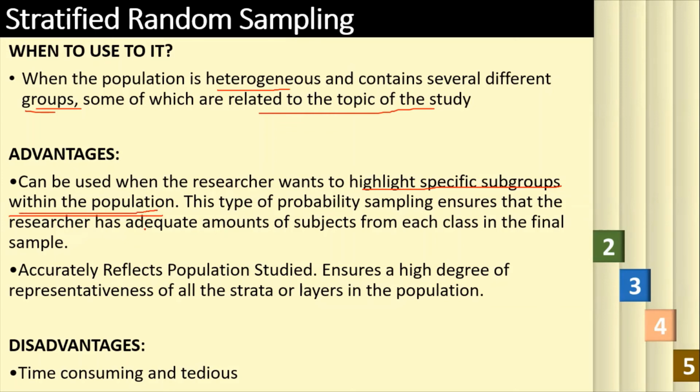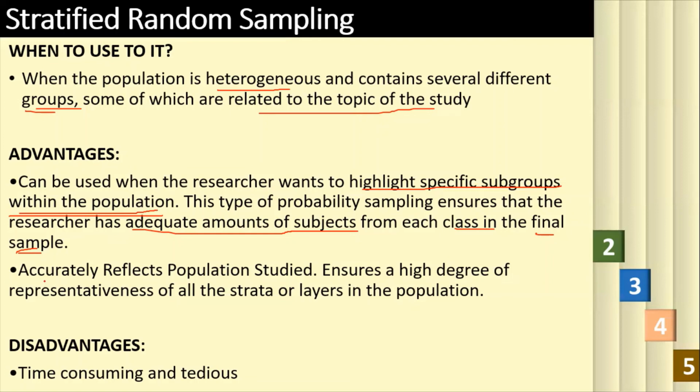So, ma-sure nimo nga naa kay enough number of samples from each class in your final sample. Bisan sa isa ka specific nga group, gamay ra sila, tungod kay stratified man imong gibuhat, sure ka nga makakuha ka sample gikan ato.